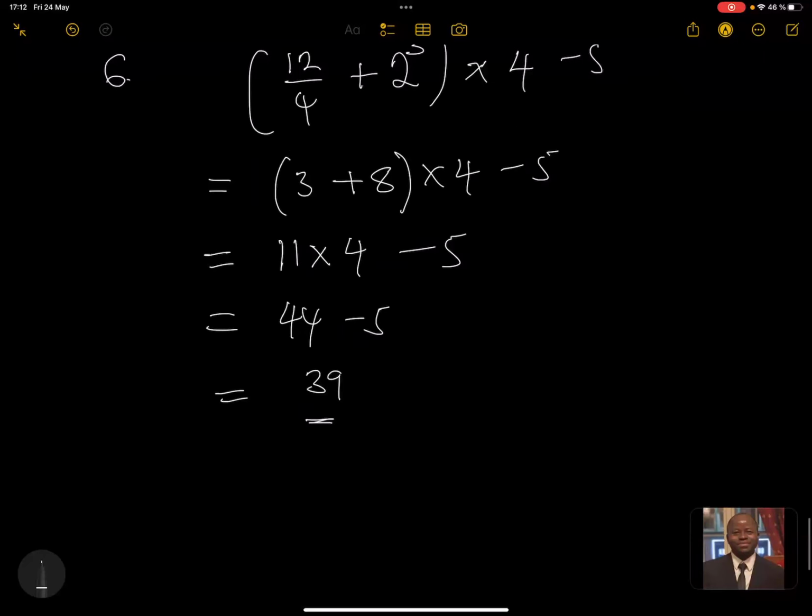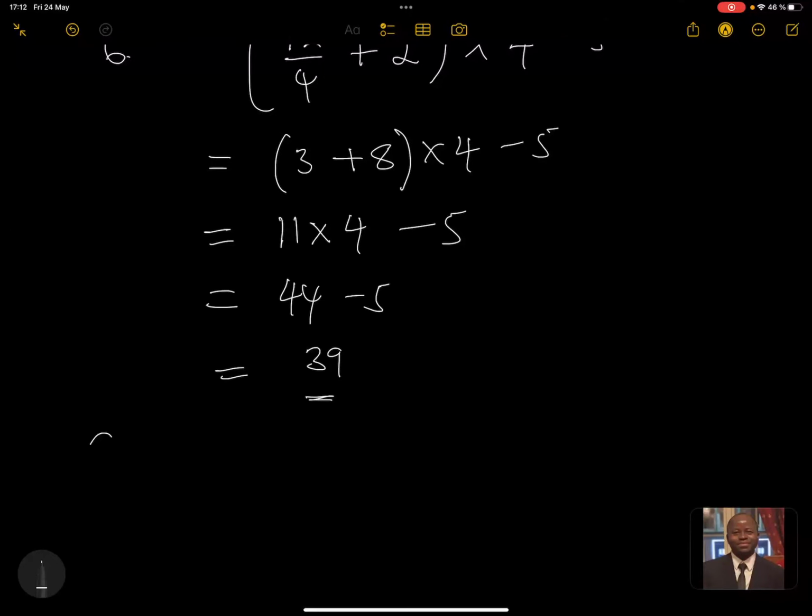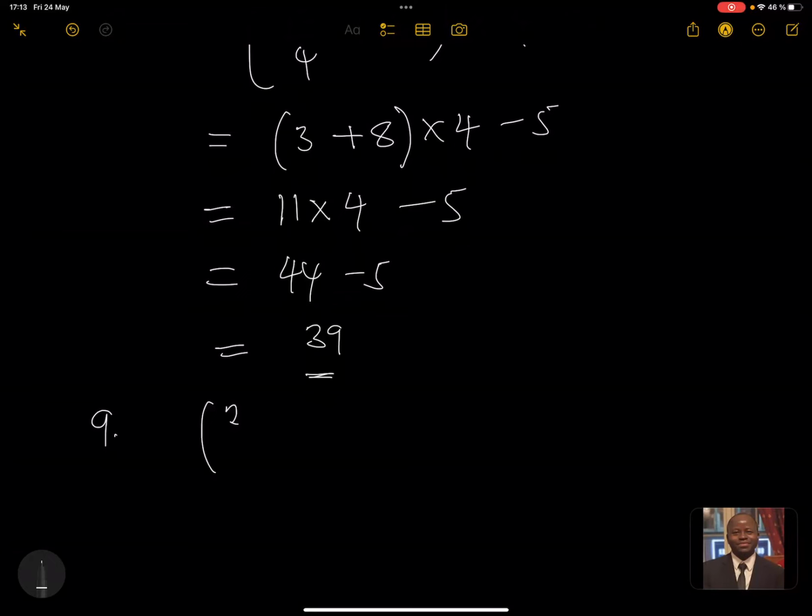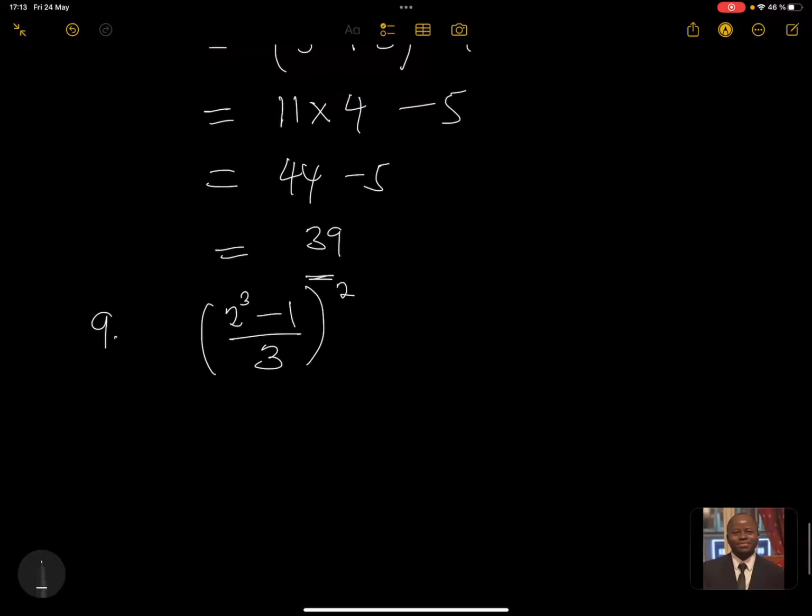Let's go to the next question, which is question 9. All right, 2 to the power 3, minus 1 divided by 3, all to the power 2. So again, this is PEMDAS, and we deal with what is in the bracket.